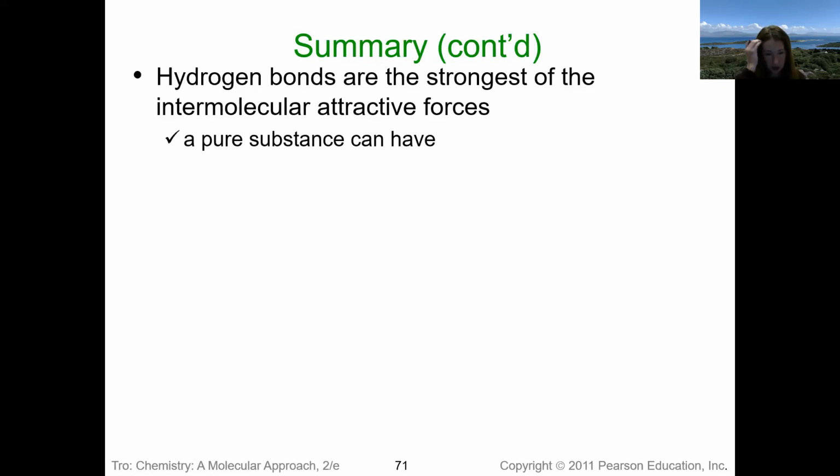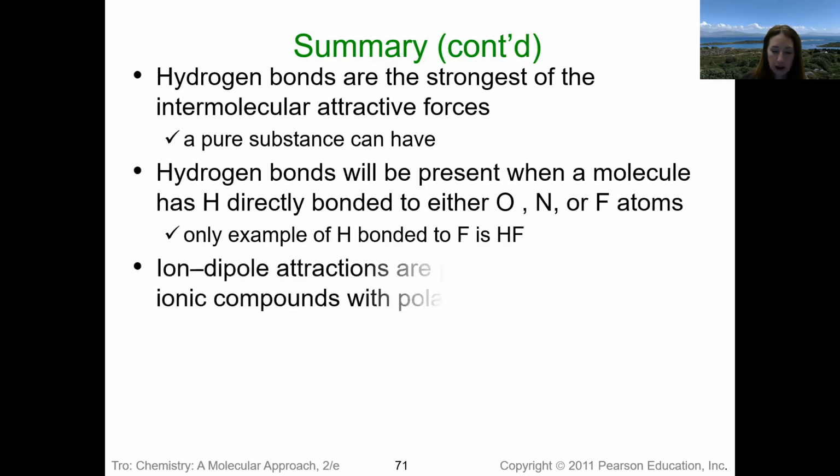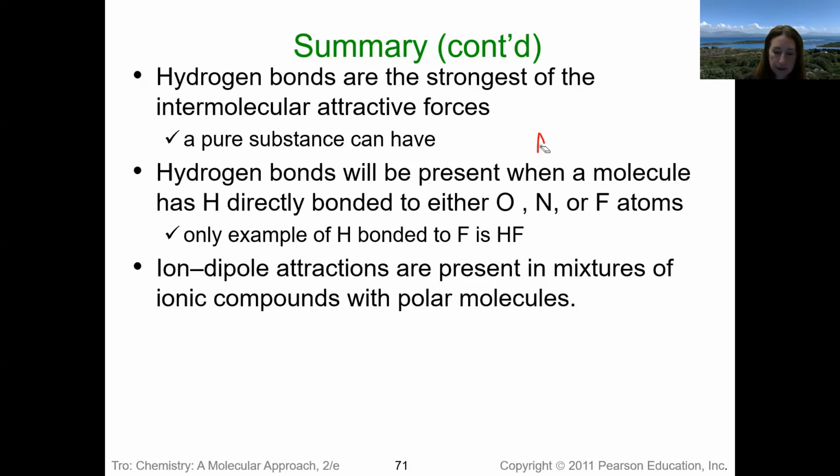Hydrogen bonds are the strongest of the intermolecular forces, right? And remember, hydrogen bonds are between O, N, or F. I always say F, O, N, so you can remember they're fond. Hydrogen bonding is fond. And again, not a bond, right? And it has to be between HF, HO, or HN. They must be directly attached to the hydrogen.